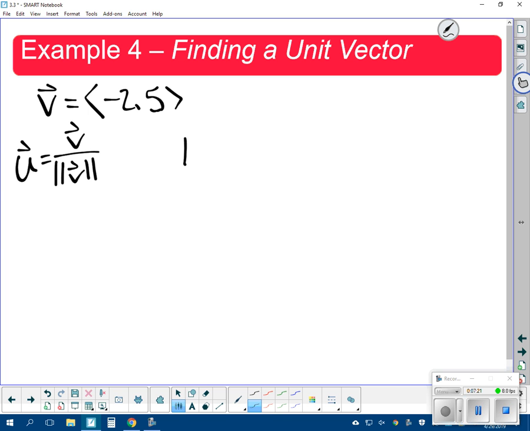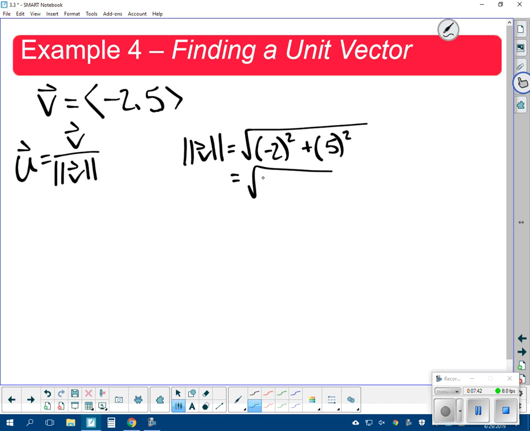Distance formula, right? So the magnitude of vector v is the square root of, but we're in component form, so they've already done the part of the subtraction. So all we need to do is take our -2 and square it, plus our 5 and square it.